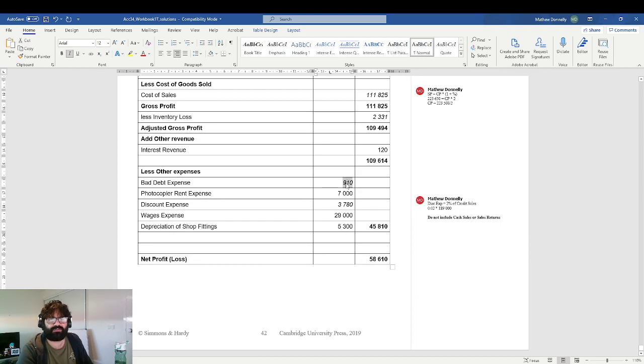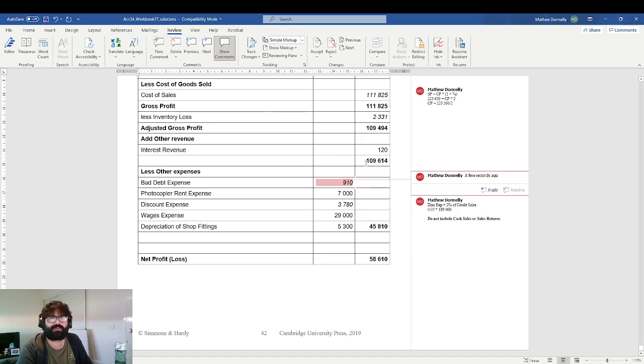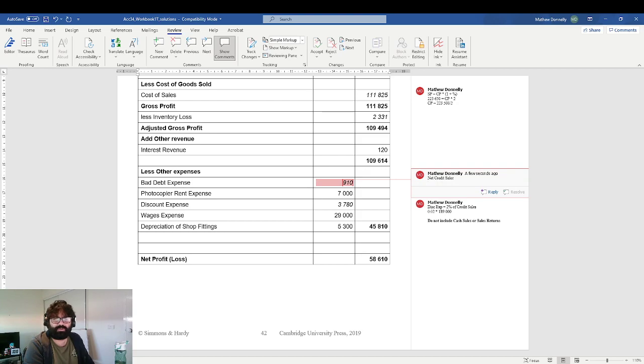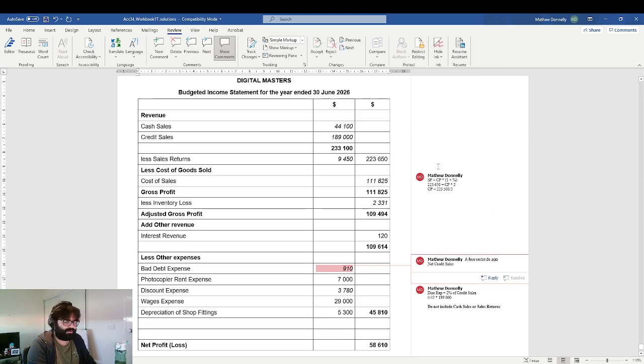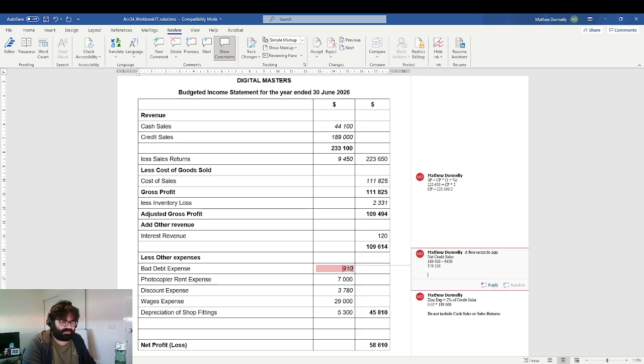So let's get our net credit sales up. It will be 189,000 minus 9450, which gives us 179,550.